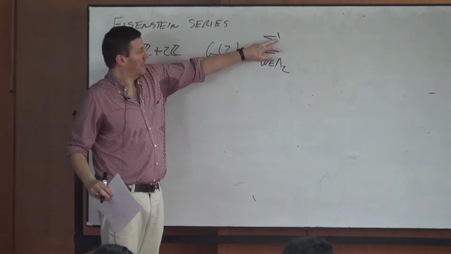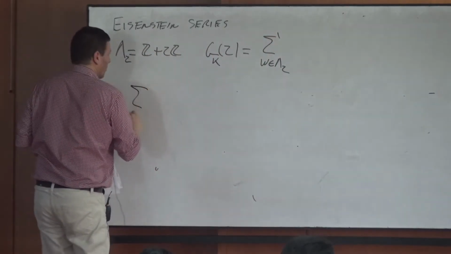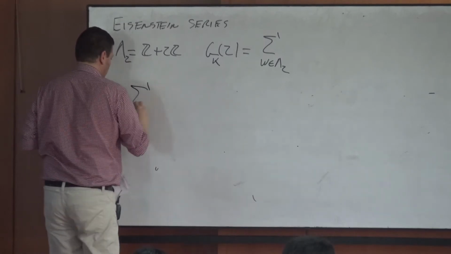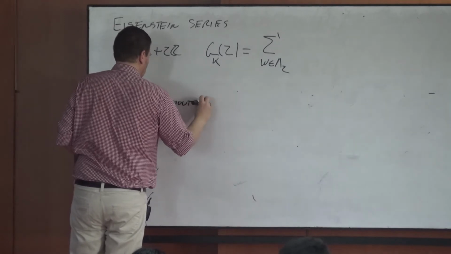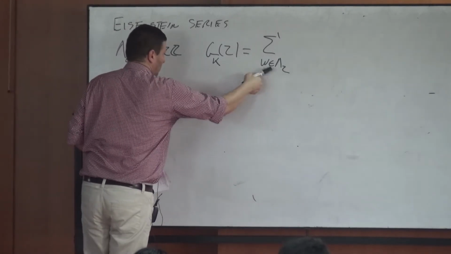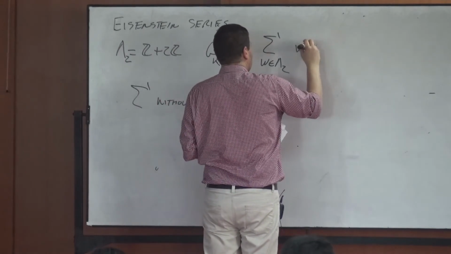When I put a prime it means I don't take 0. Whenever I write something with a prime it means without 0, because there is 0 here, but I don't want it.